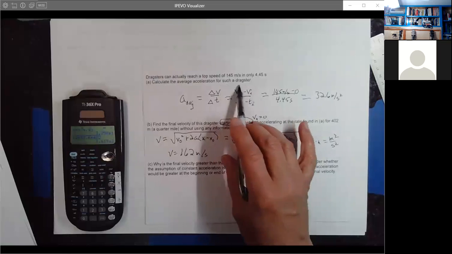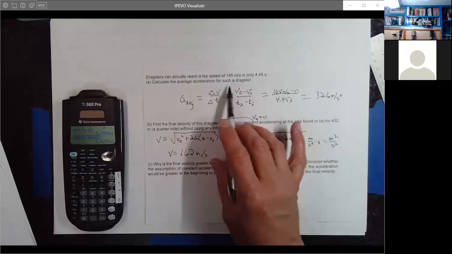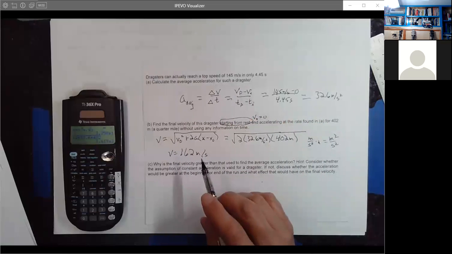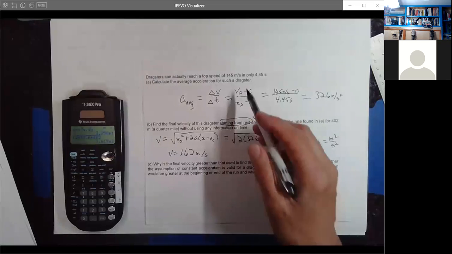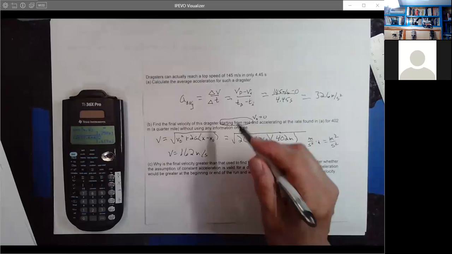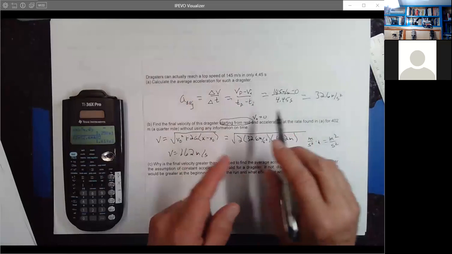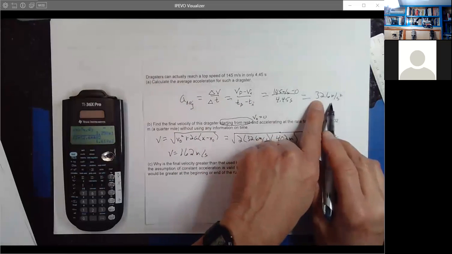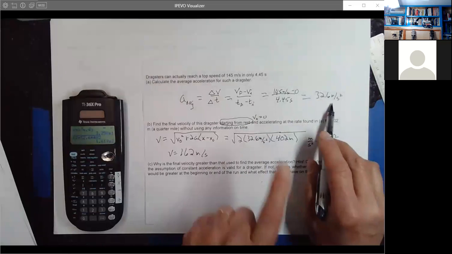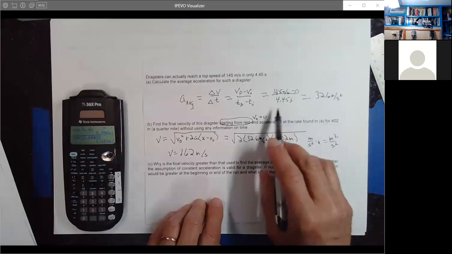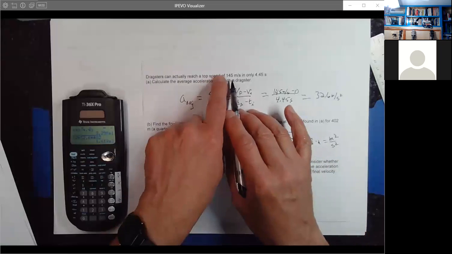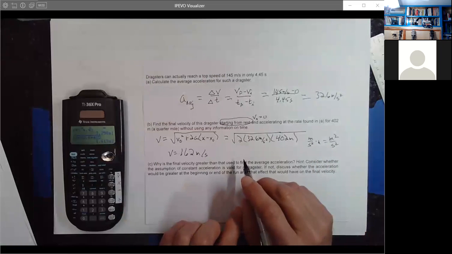We didn't figure out how far it went during this time. Actually, we could figure that out. If this was a constant acceleration, we could figure out how far the dragster would travel while accelerating from 0 to 145 meters per second.